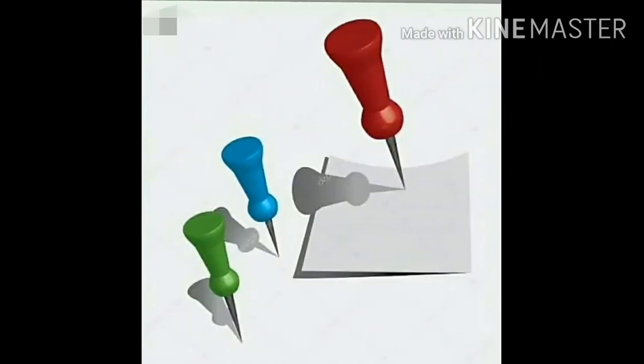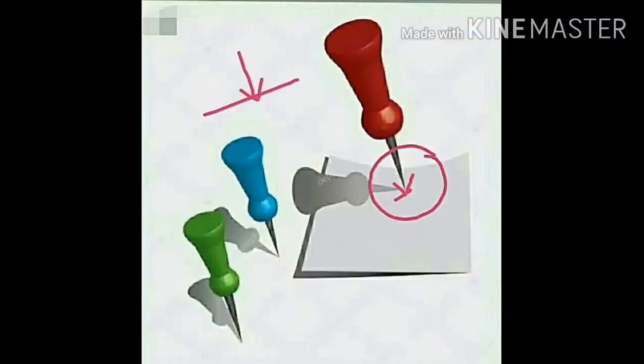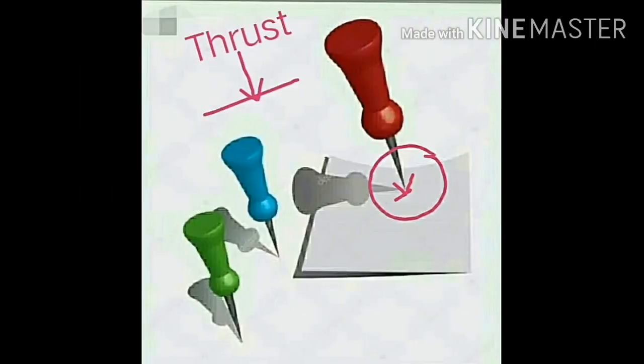In a situation, you wish to fix a poster on a bulletin board as shown in the figure. To do this task, you will have to press the drawing pins with your thumb. You apply a force on the surface area of the head of the pin. And now children, tell me where this force acts?